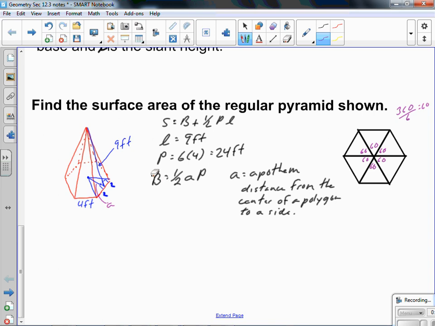Now, when we look at this figure here, we're trying to figure out the apothem, which is going from the center to the side, intersecting at a right angle. And so, since these are all isosceles triangles, the altitude is actually going to cut the sides in half, and it's also going to cut the angle in half. So that gives me one triangle.